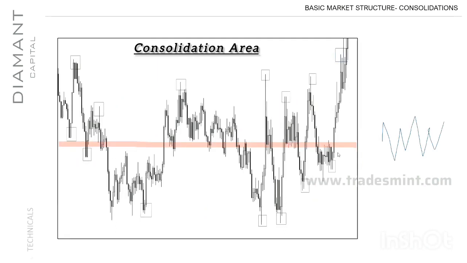Now, when it comes to consolidations, these are a bit more tricky to trade if you're new to it. You're going to be getting lots of rejections in all sorts of areas. For example, we started off here in a downtrend. Then as soon as we started to see this break of structure, we went up. Then we started receiving this lower high, went even further down to get this lower low, started to get that break up. Now we're sort of in an uptrend. And that's exactly what a consolidation is for.